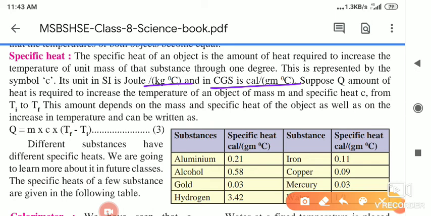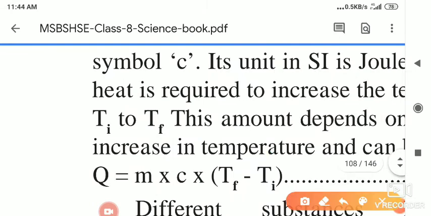Now suppose Q amount of heat, for heat they use the capital Q. Q amount of heat is required to increase the temperature of an object of mass small m and specific heat small c from temperature Ti to Tf.